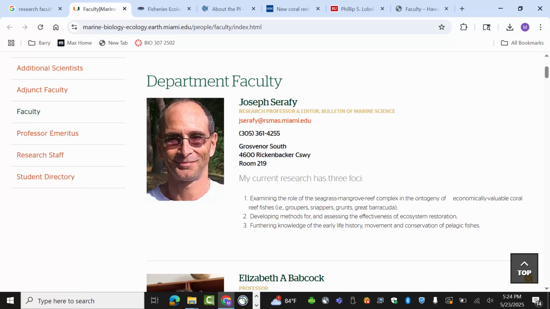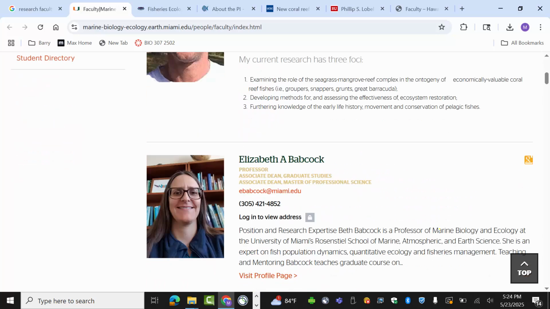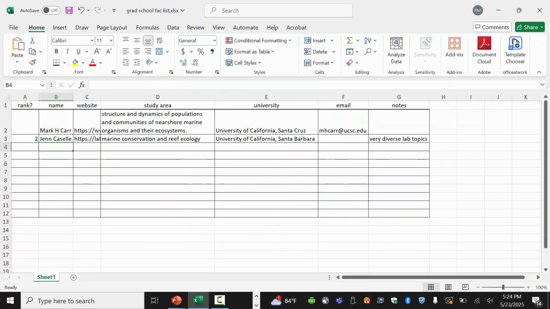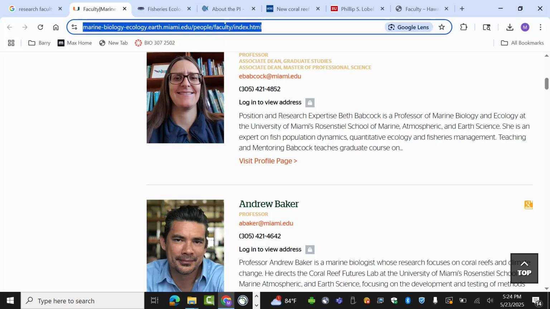But here's Joe Seraphy, and he doesn't really do what I'm looking for, coral reef fish. I don't see anything there, but let's just do this. This is U Miami Rasmus faculty. All right, and we're just going to put that there.